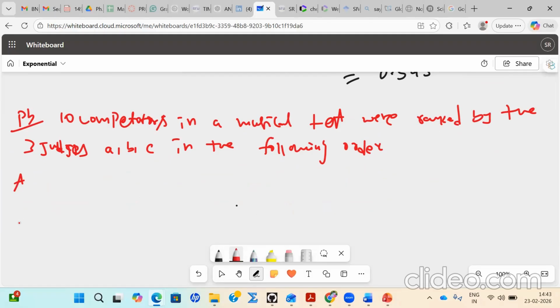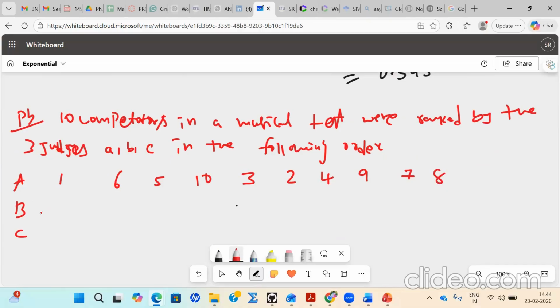The ranks are given below. Judge A has given 1, 6, 5, 10, 3, 2, 4, 9, 7, 8.